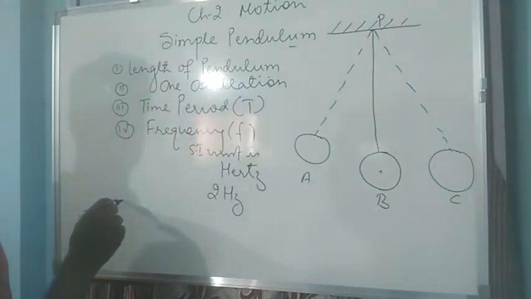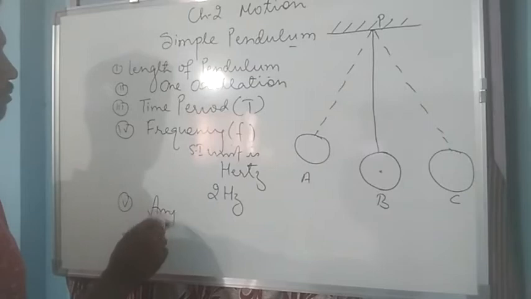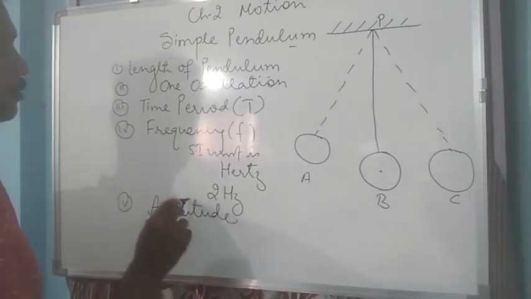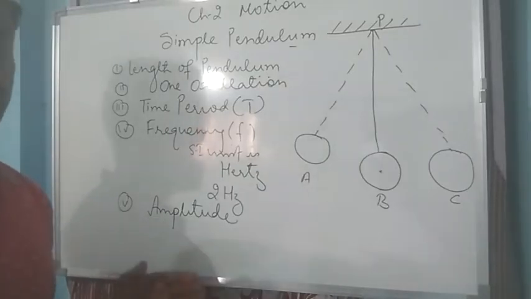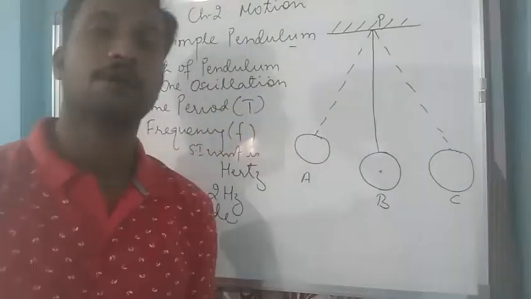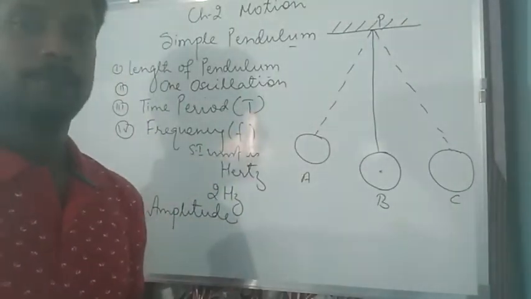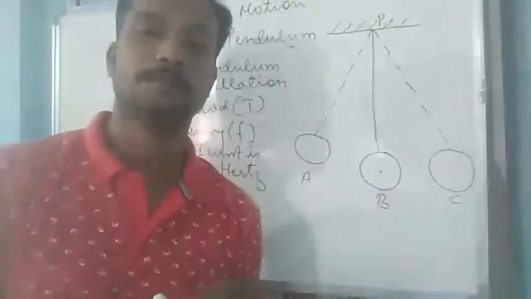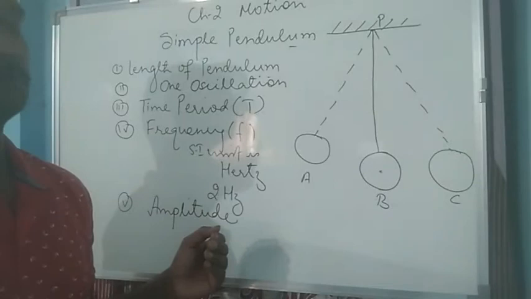Then coming to the next, which is called amplitude. Amplitude is the maximum displacement of a pendulum from its mean position. That is, how far from the mean position the pendulum moves can be considered as the amplitude of the pendulum.